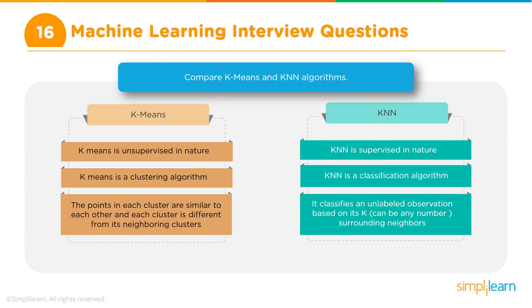When you take 3 of them, probably 2 belong to class 1 and 1 belongs to class 2. Whereas when you take 5 of them, it is possible that only 2 belong to class 1 and 3 belong to class 2. So this object will belong to class 2. You see that? The class allocation can vary depending on the value of K.